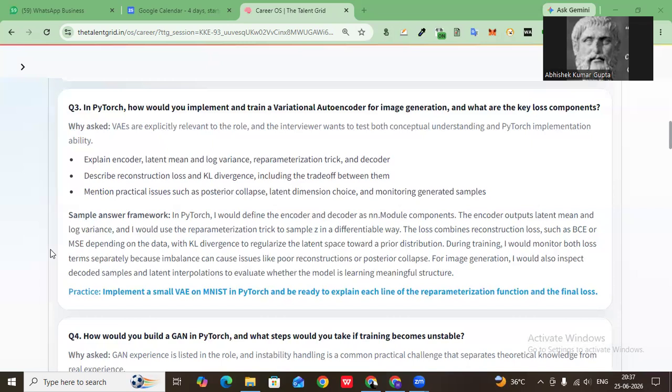Latent dimension is used for some reconstruction purpose. However, I need to revise these two things. Great, no problem. You can just touch these points also, posterior collapse, while preparing.